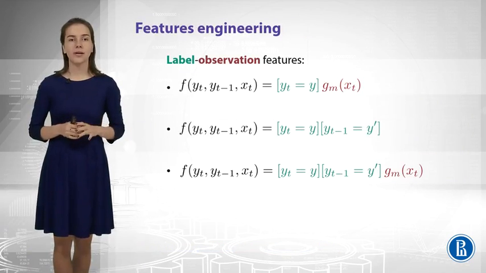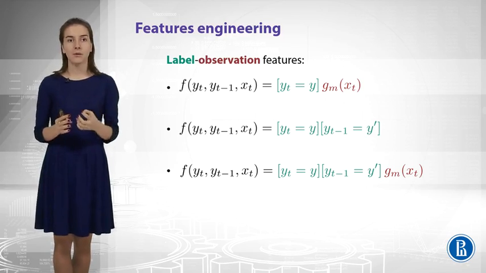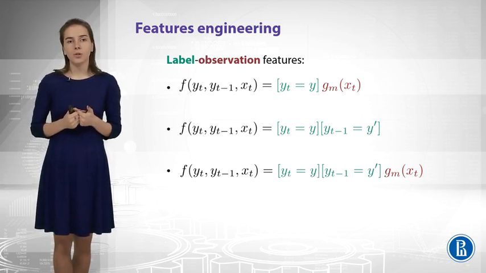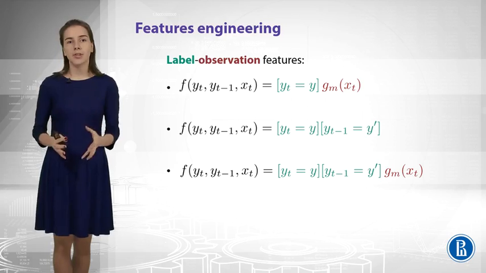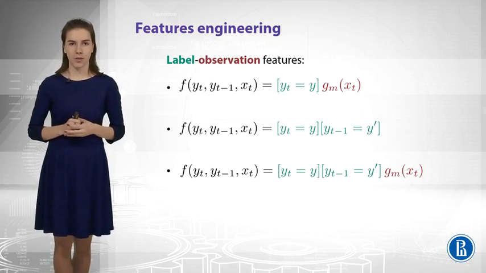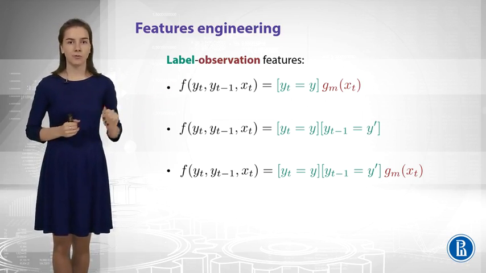From the formulas, you might remember that those f features can depend on 3 things: the current tag, the previous tag, and the current output. Now, not to be overwhelmed with the variety of your features, there is a very nice common technique called label observation features. It says that you are only allowed to have this kind of features.